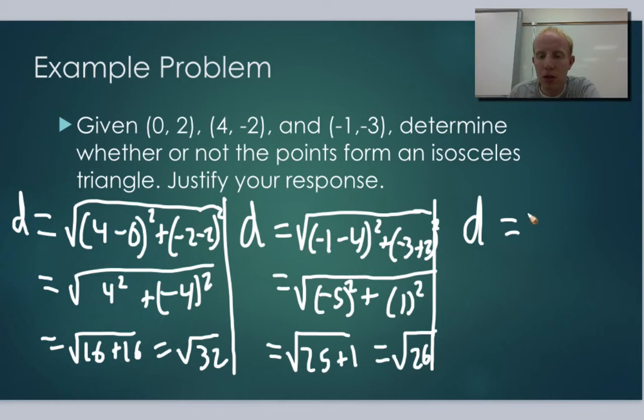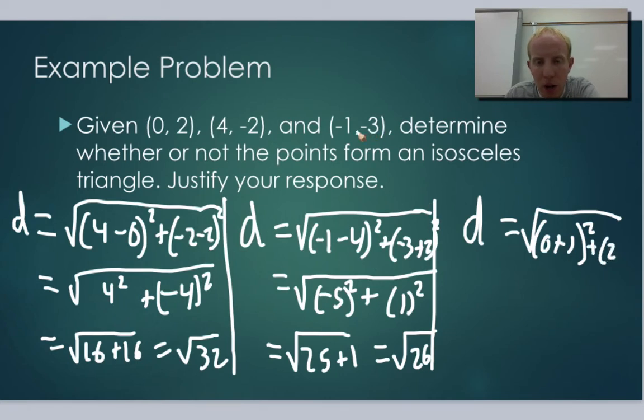Okay, so let's see. We do the square root of, in this case, this will be x1 and this will be x2. So x2 is 0 minus a negative 1, or plus 1 squared. y2 in this case is 2.